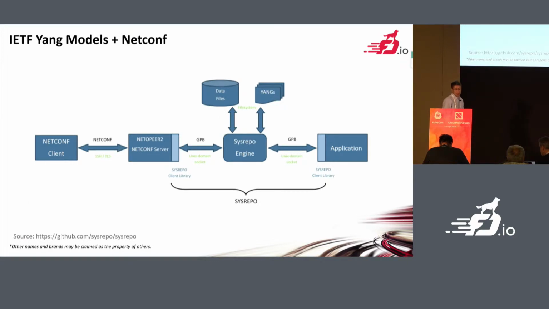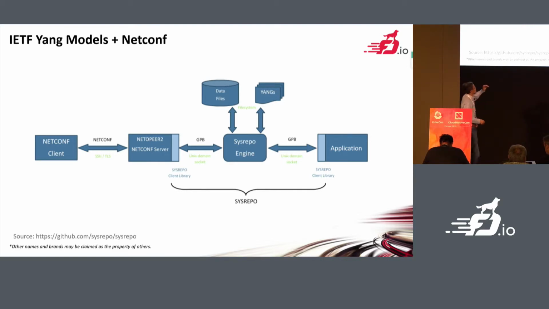Okay. This is one of the combinations for Sweetcomb, which means we support the IETF Yang models and the Netconf interface. On the left side, the Netconf client will communicate with Netopeer2, which is the Netconf server, through the Netconf protocol and also SSH or TLS.